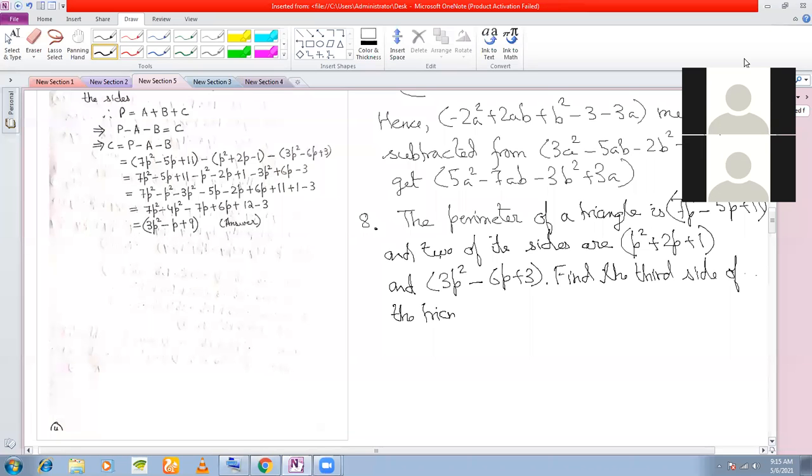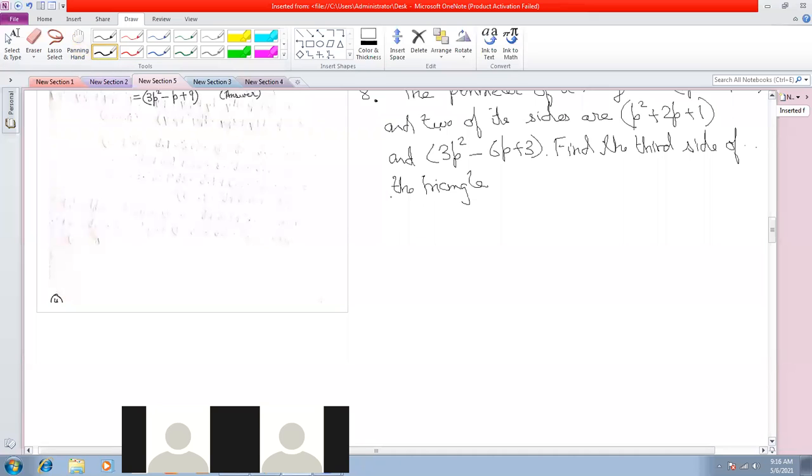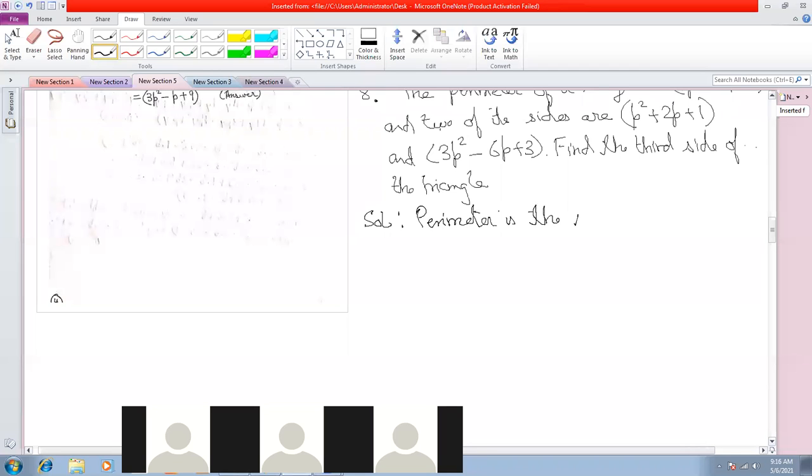What is the meaning of perimeter? The sum of the lengths of the boundaries.